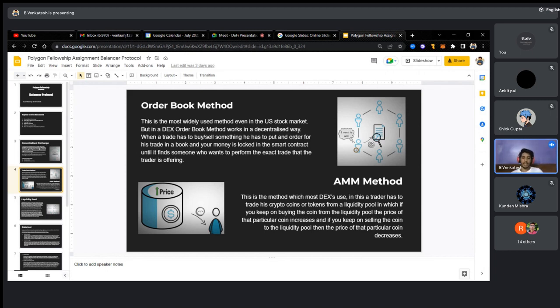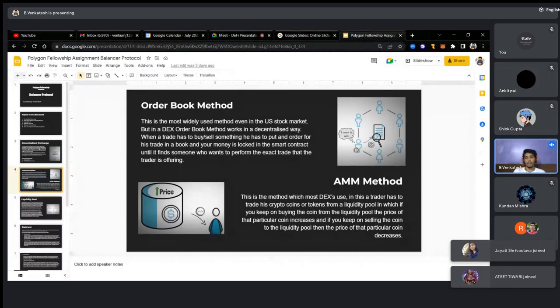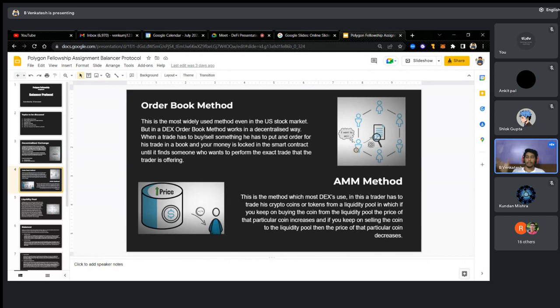In this method, there is a liquidity pool. If a trader comes, he has to trade in a liquidity pool which has the assets he wants, okay? If he wants a USDC and Ethereum trade, both the assets are in that liquidity pool.